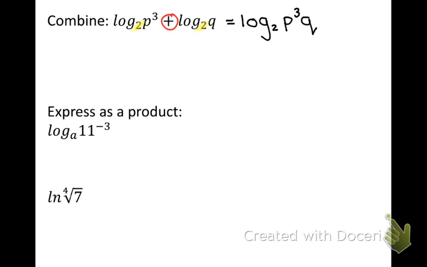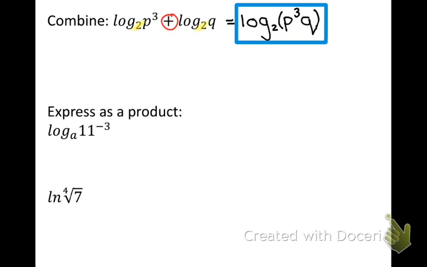Okay, let's go ahead and put that p cubed q in parentheses too, so we know that's all together being multiplied. Okay, now in order for me to combine these, all I had to do was squish them down into one logarithm. They didn't ask me to do anything about bringing that exponent of 3 down to the front or anything like that. So this is our answer right here.